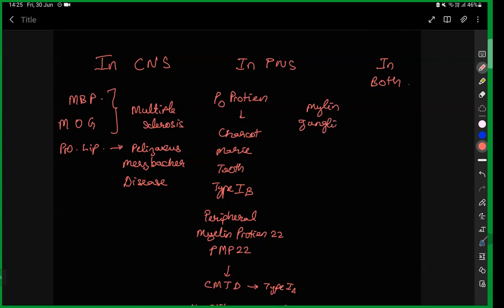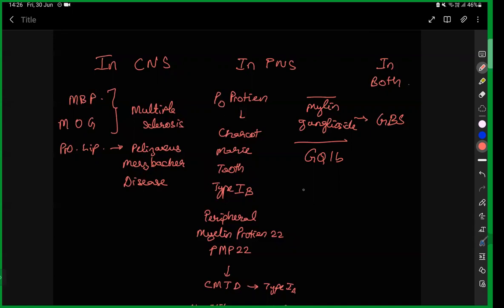A mutation of myelin ganglioside, GQ1B, leads to one important disease called Guillain-Barré syndrome, the Fisher variant, which is characterized by demyelination, ataxia, ophthalmoplegia, areflexia, and anti-GQ1B antibodies will be present.